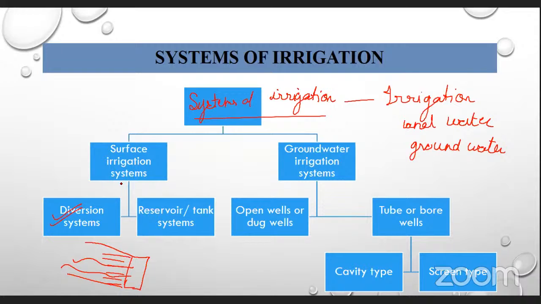So this surface irrigation system is divided into the diversion system, and the second one, the reservoir or tank system.